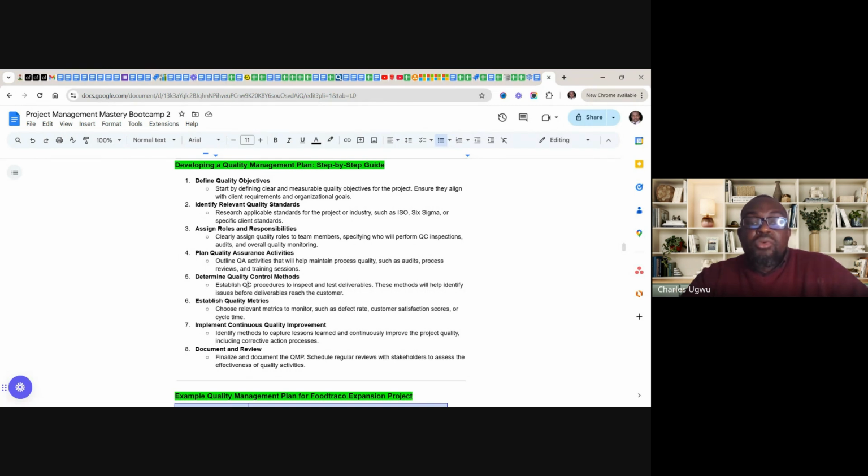Identify a method to capture lessons learned and continuous improvement in the project quality, including corrective action processes. Document and review. Finalize and document the quality management plan. Schedule regular reviews with stakeholders to assess the effectiveness of quality activities.